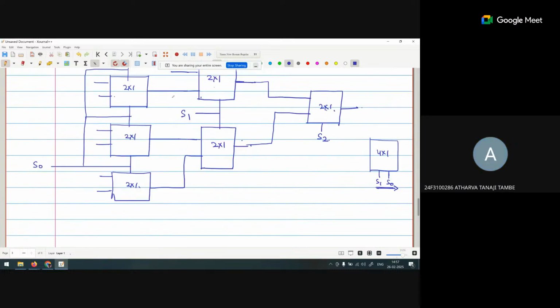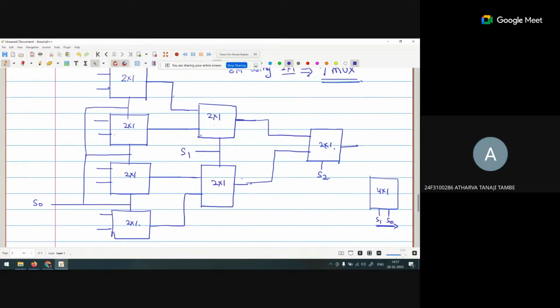If we create an 8 cross 1 as a single mux, we require S2, S1, S0, right to left, LSB to MSB. But here, going right to left, we require LSB to MSB.